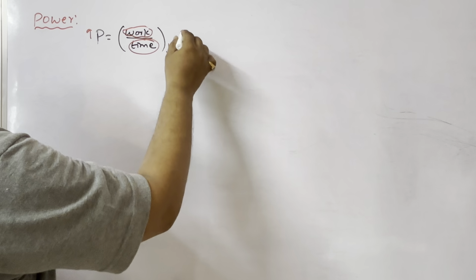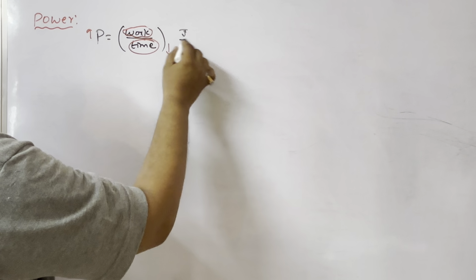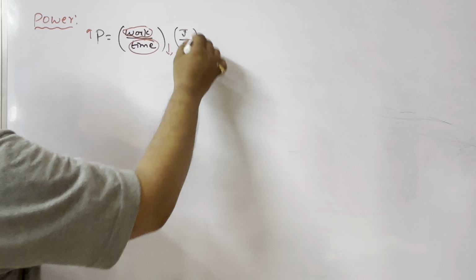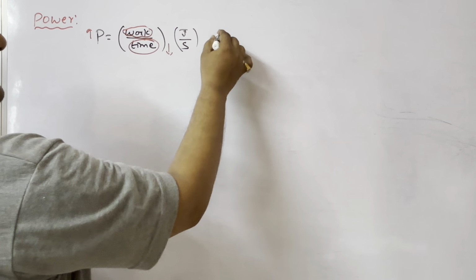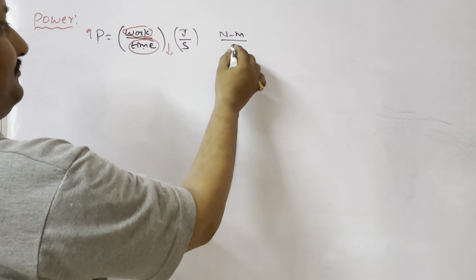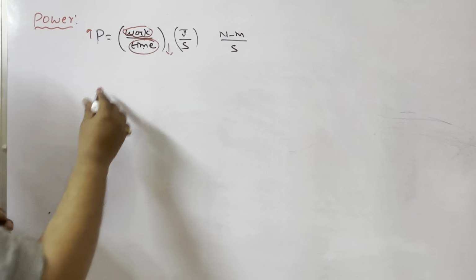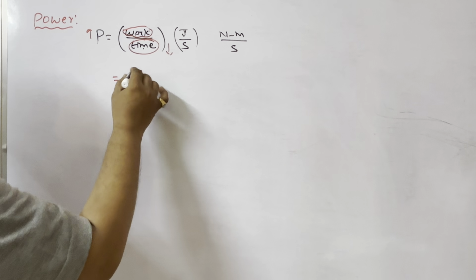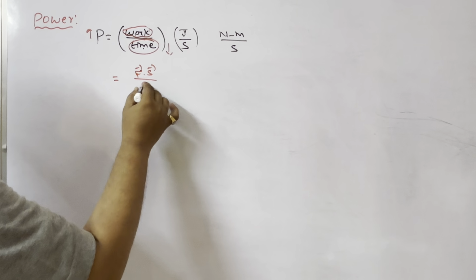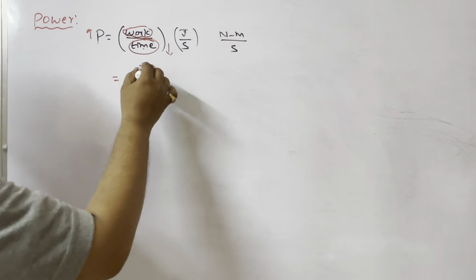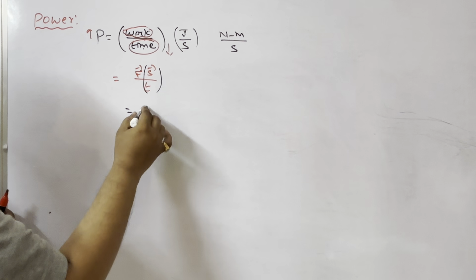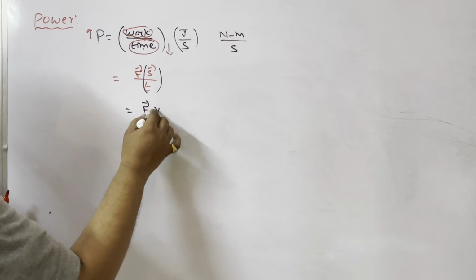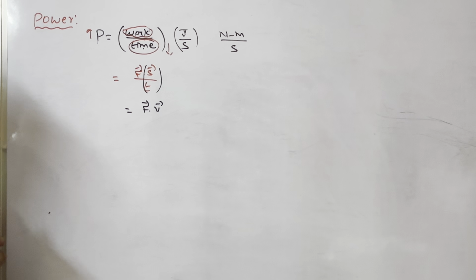So what are the units for this? Work units are joule, so joule per second. Work unit is Newton meter per second, because power is work done, F bar dot S bar, by time. So displacement by time, so we came to know F bar dot V bar also we can write, isn't it?